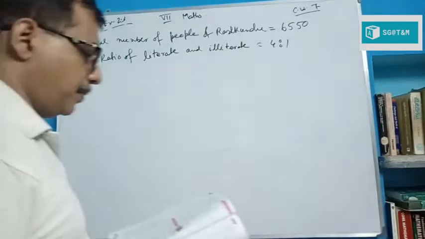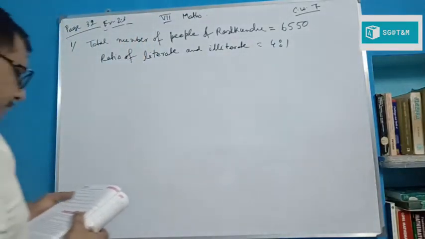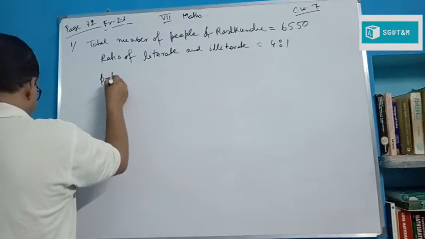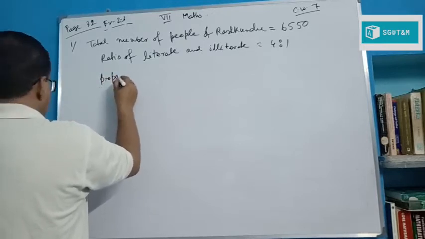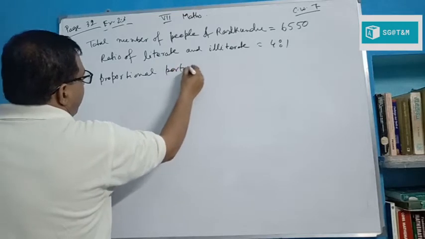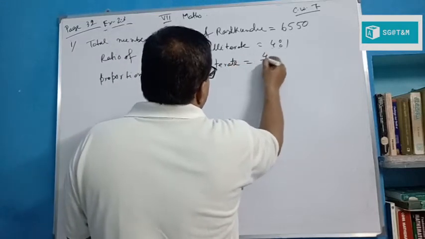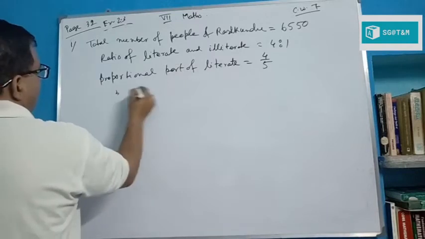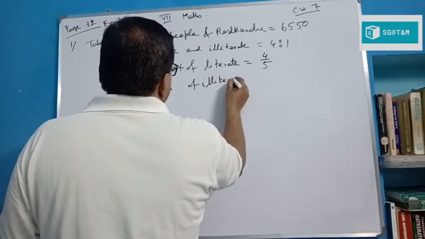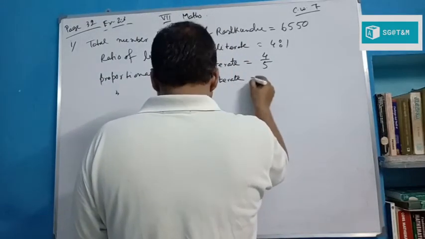So, in this case, the proportional part of literate and the proportional part of illiterate: if we find the proportional part, four by 5 is the part of literate and the proportional part of illiterate is one by 5.